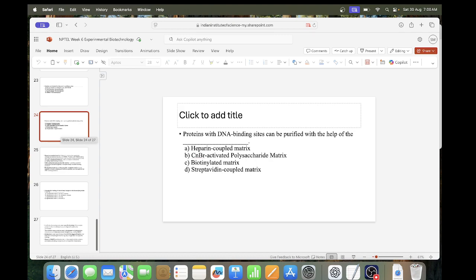Now, one thing that you need to keep in your mind is the charge of DNA. DNA is negatively charged, and proteins with DNA binding sites will be positively charged. So this means that your affinity will be towards something that is mimicking your DNA. So you need to think which of these will be negatively charged, and then we'll be able to get the answer.